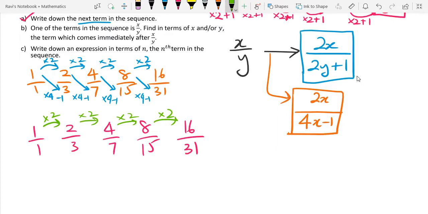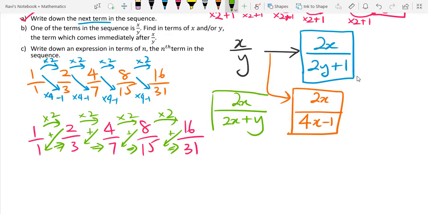If I add the new numerator to my previous denominator, I get the new denominator. 2 plus 1 is 3, 4 plus 3 is 7, 8 plus 7 is 15, and 16 plus 15 is 31. Rewriting that as a formula, I can represent it as 2x over 2x plus y. So you can see that I have 3 possible solutions to part B.